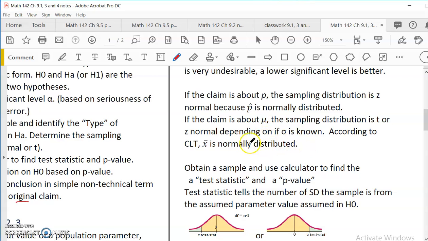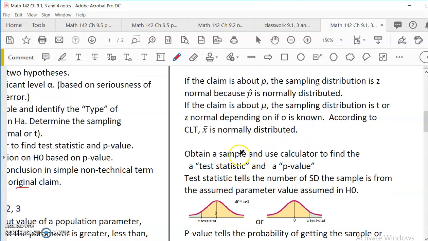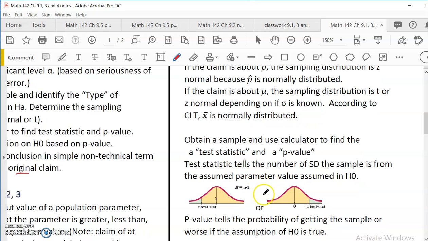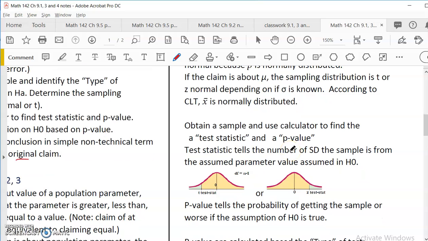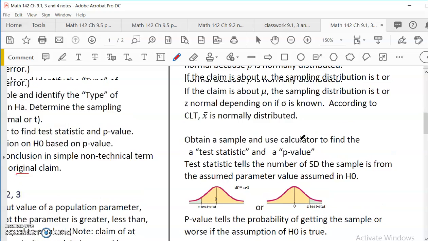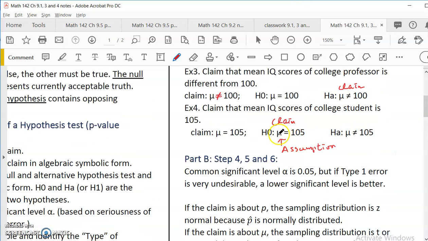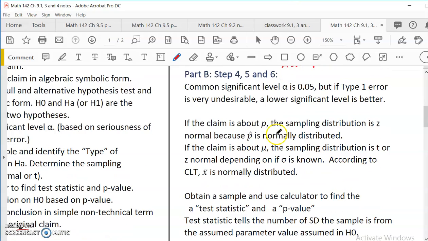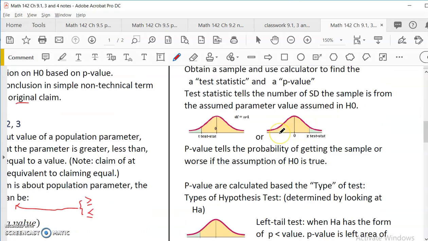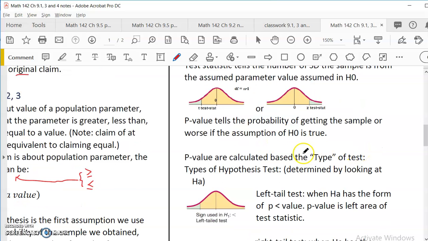So the test statistic tells us how many standard deviations my sample is away from the assumed value. And then the p-value is how likely I am to get that sample if H0 is true. So remember, in hypothesis tests, H0 is always assumed to be true. And if it is true, what is the probability of getting my sample?